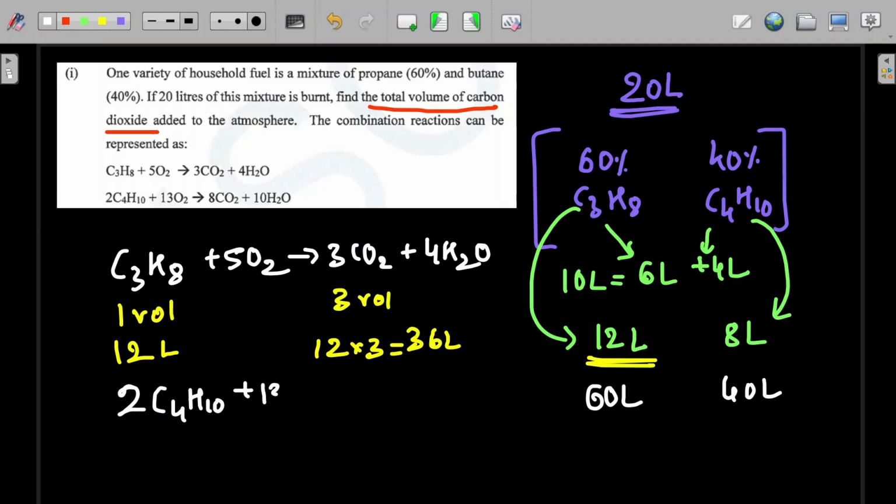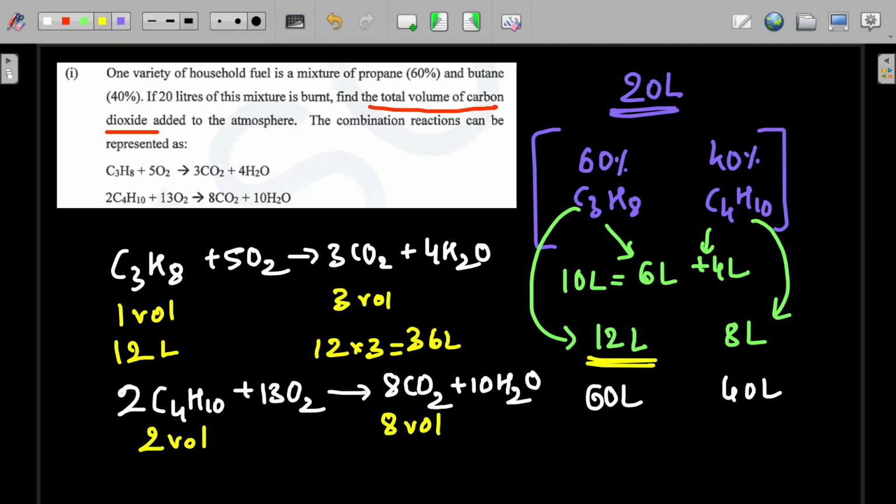Second equation you write: 2C4H10 + 13O2 → 8CO2 + 10H2O. See, this is difficult to balance if they give it to you as it is. It will take time for balancing only. According to Gay-Lussac's law, 2 volumes of butane give 8 volumes of CO2.